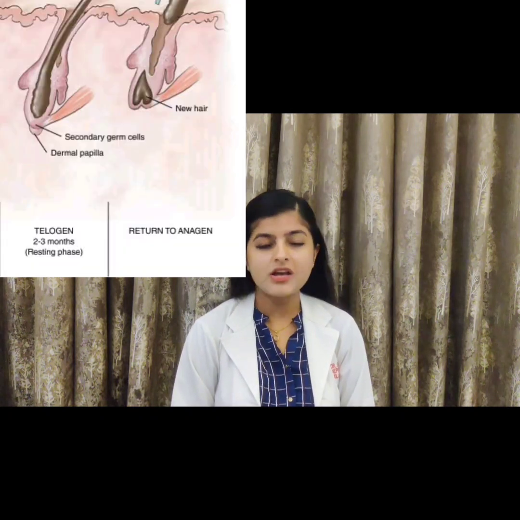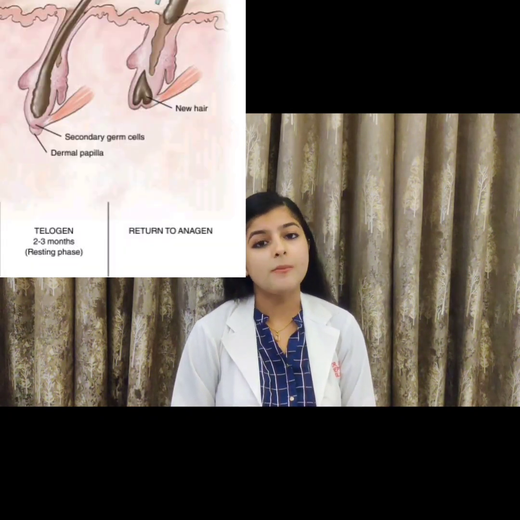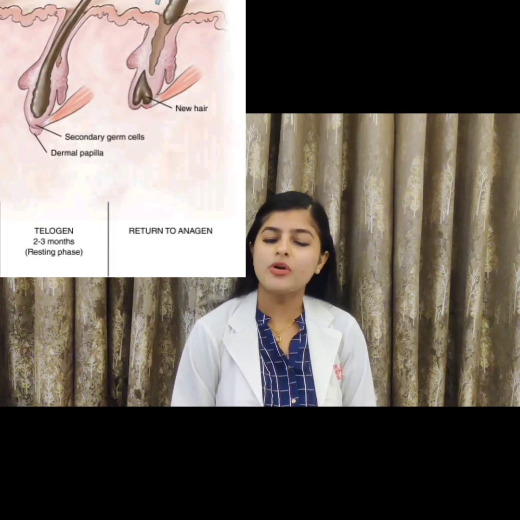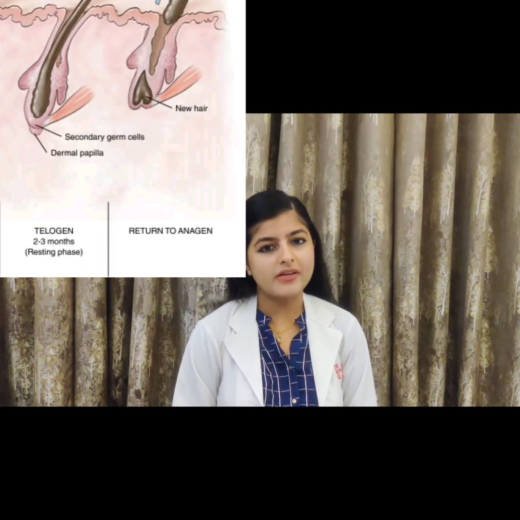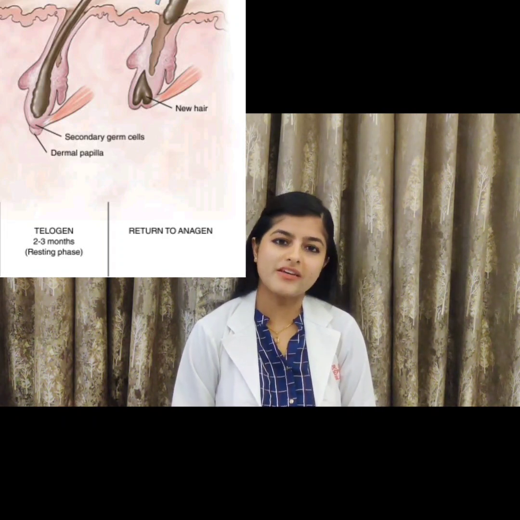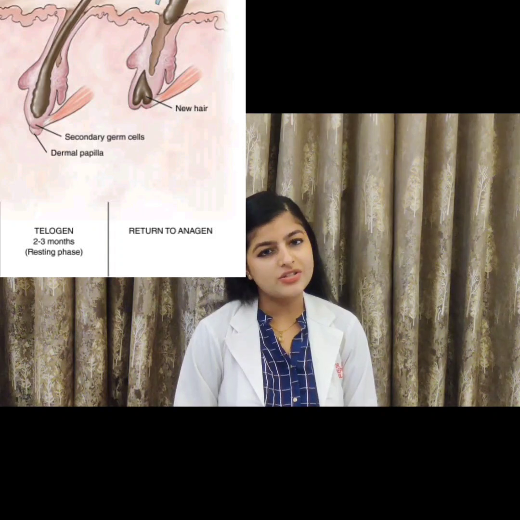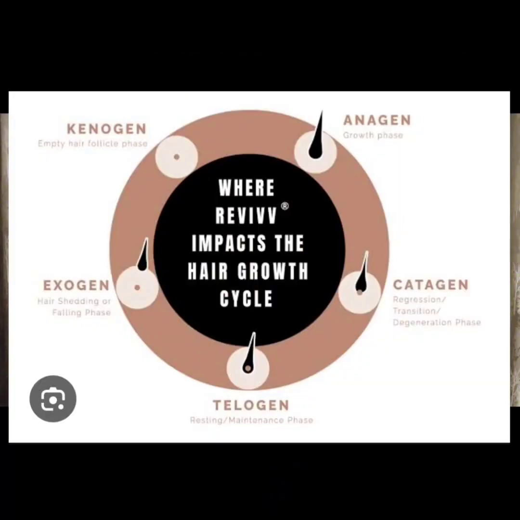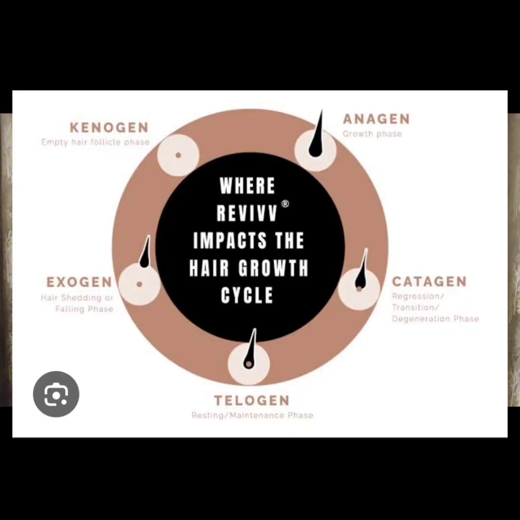The next phase is the telogen phase or the resting phase, which lasts for 2 to 3 months. At any point of time, the human scalp has 20% of its hair lying in the catagen or the telogen phases. The next phase is the exogen phase or the shedding phase, followed by the kenogen phase or the regrowth phase, which ultimately leads the cycle back to its first stage, that is the anagen phase.